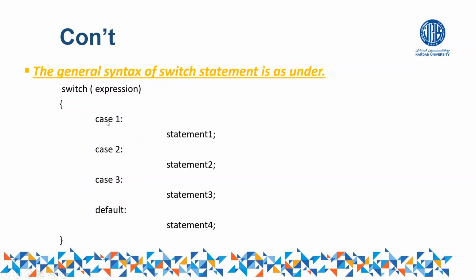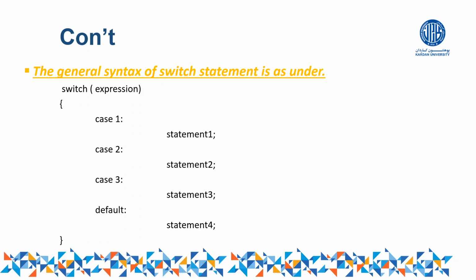So basically how this works: first of all, this expression will be evaluated. Then this expression will be compared with each of these cases. If any of these cases matches the expression, then that particular statement will be executed.